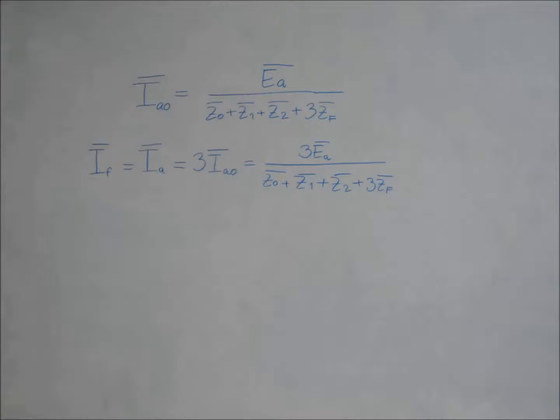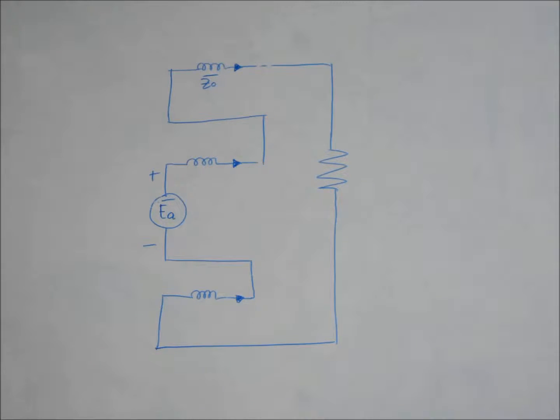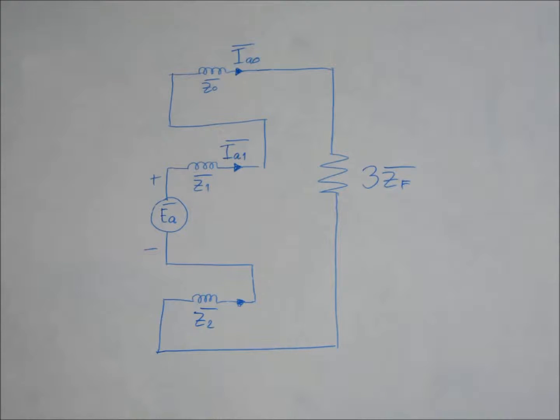For the negative and zero sequence networks, only the Thevenin equivalent impedances Z Thevenin negative and Z Thevenin zero respectively are calculated. The three Thevenin equivalent networks are then connected in series, and the fault current is found from the second equation.